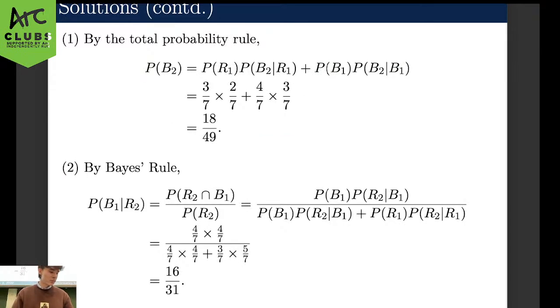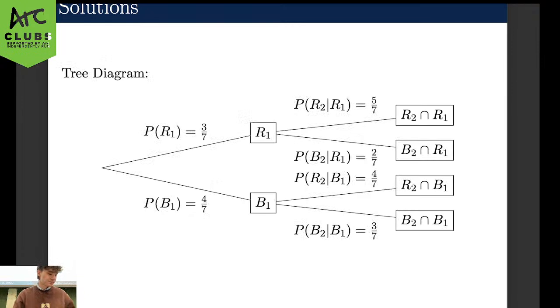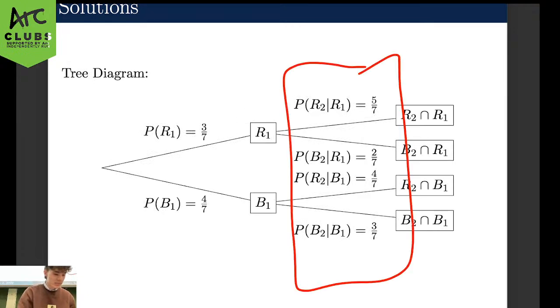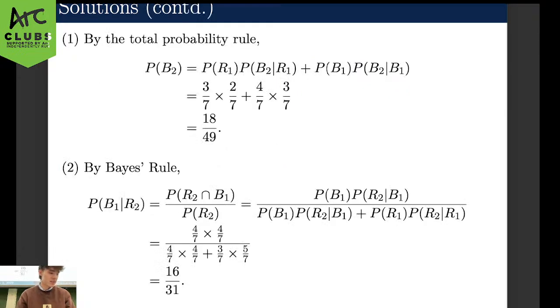Applying Bayes' rule, we can expand out the probability of getting blue 1 given we've drawn some red 2 from the second urn. And we actually know all of these probabilities, right? We know the probability that we've gotten red 1 given we've drawn a blue 1, etc. From our tree diagram, all of those probabilities are given here. So now it just becomes a matter of substituting our numbers in, and we should get 16 over 31.